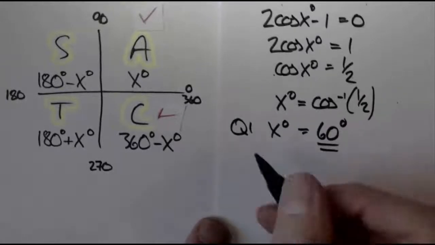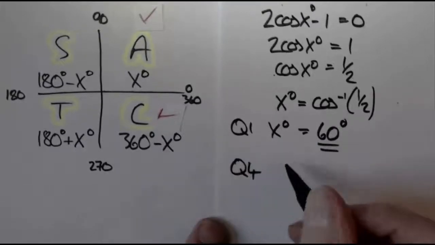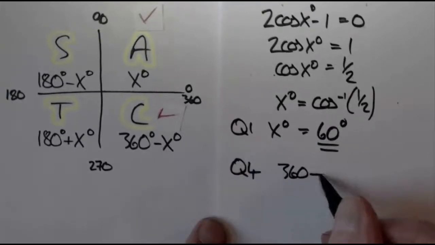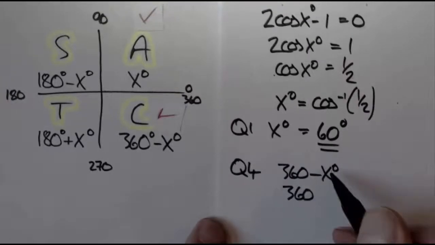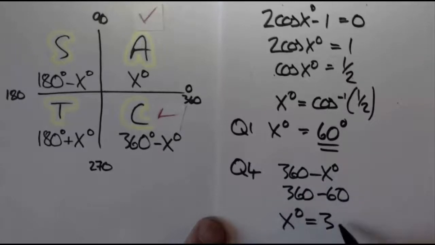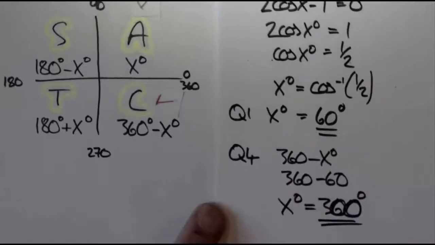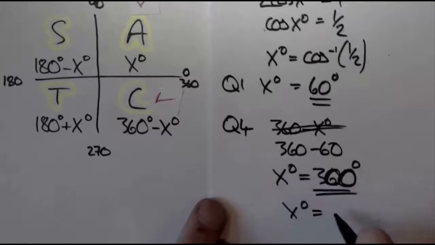To find it in quadrant 4, what we need to do is just follow the rule, and that rule just says have 360 and subtract x degrees, should I say, subtract 60. So that also takes a value of 300. Okay, so that also takes a value of 300, so just write it a wee bit neater.